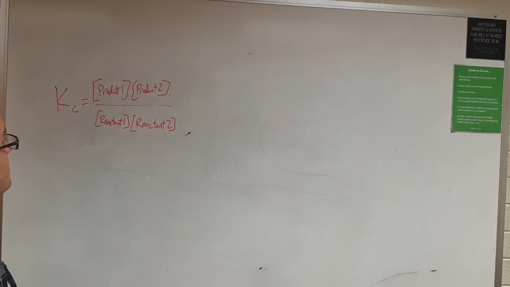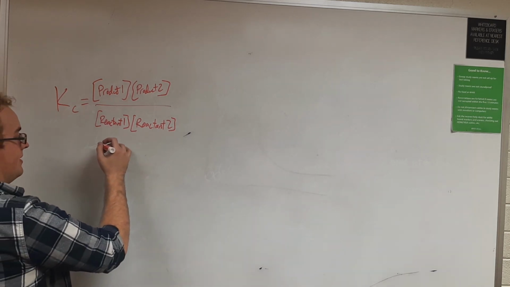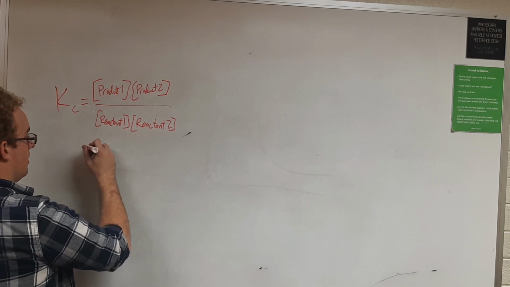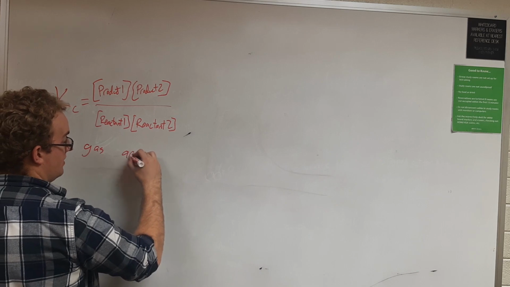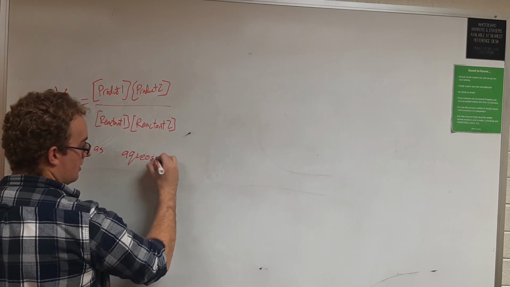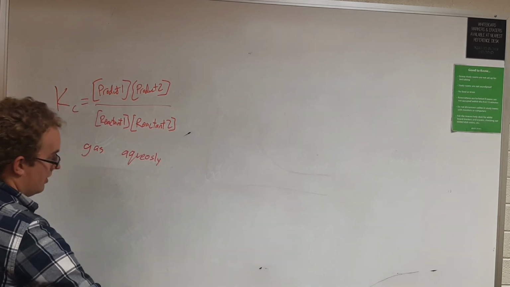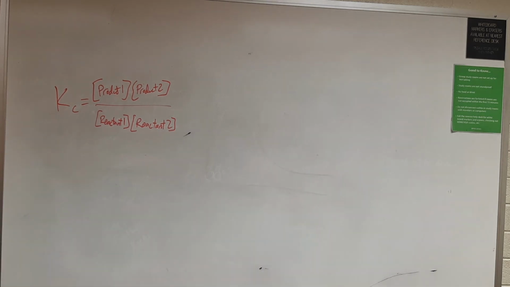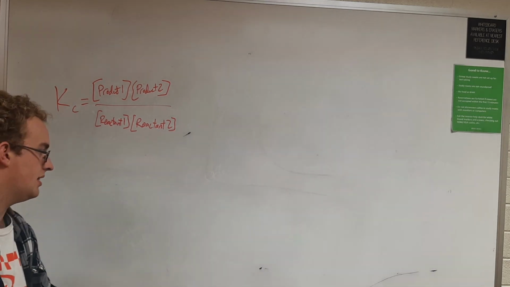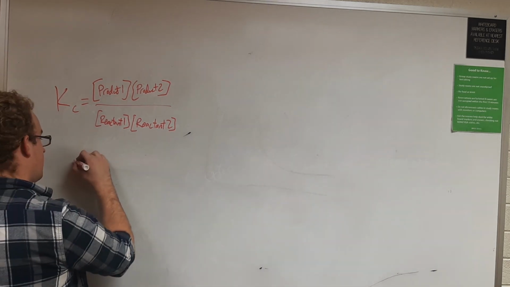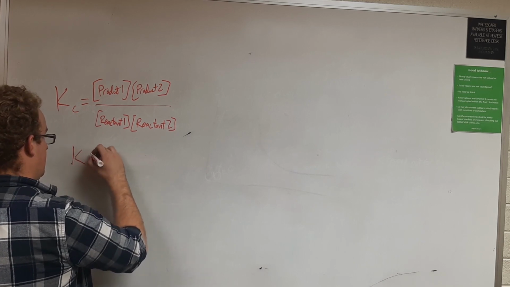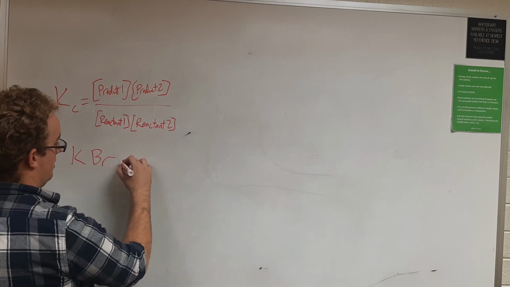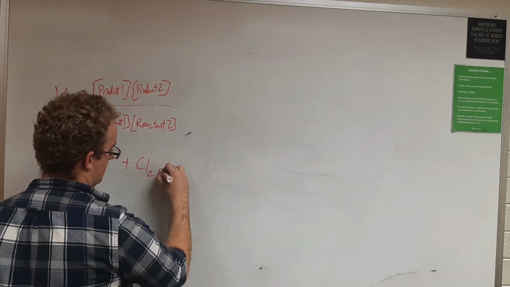As well, something that's important to understand here is you'll only include molecules that are in a gas phase or that are dissolved aqueously. So let me write an example of something like that. Let's say we have potassium bromide plus Cl2 gas.